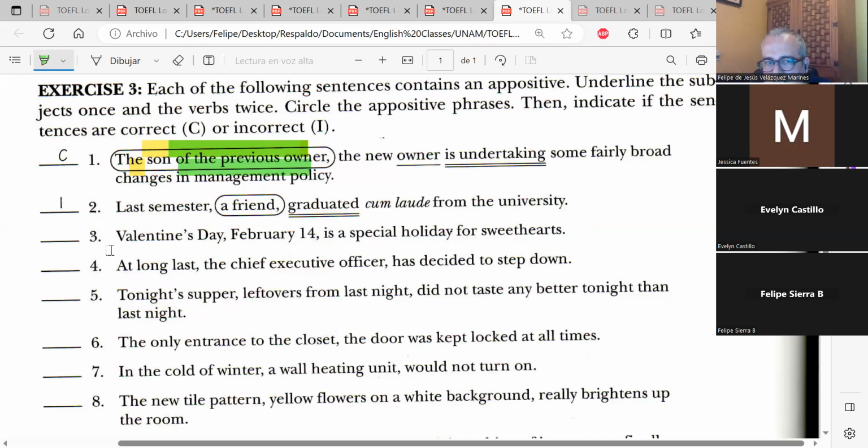But it's cum laude, because it's Latin, and that's why it's in italics. How do you pronounce this word? Graduated. Sometimes the letter D sounds like G, like soldier, education. Graduated.